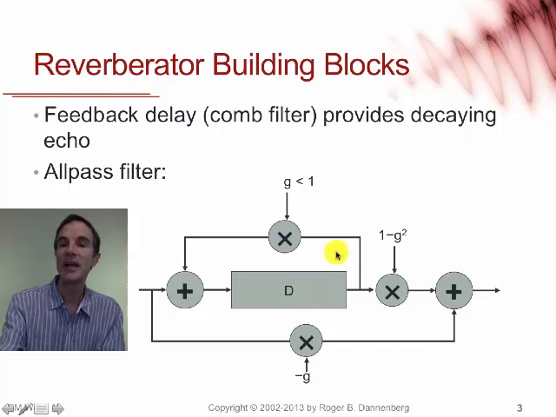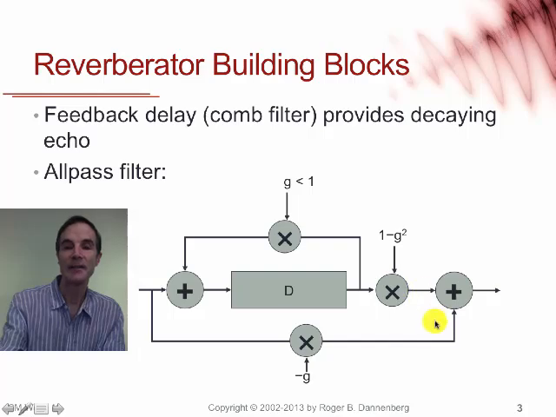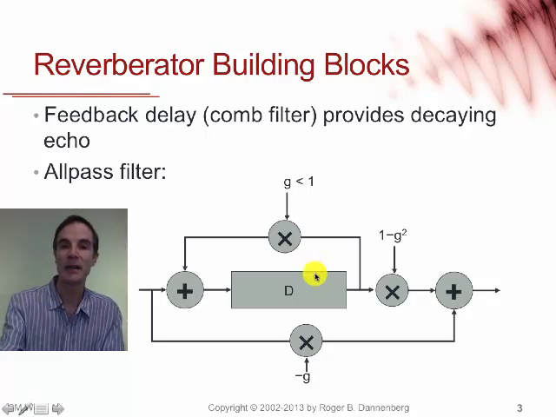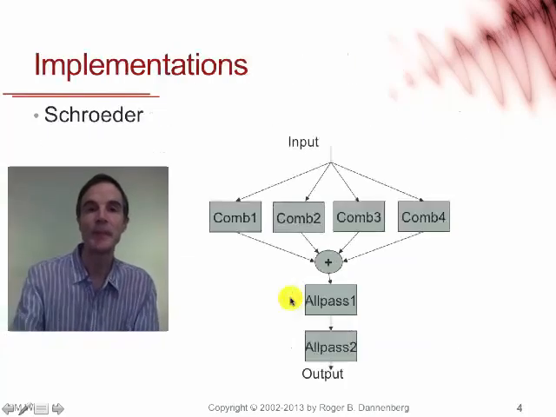There's a delay, and there's some feedback that's being added, and then there's also this forward path with a gain of minus G, and so on. This has the effect of not changing the spectrum at all, but adding a fair amount of delay to the signal, well, depending on the value of D.